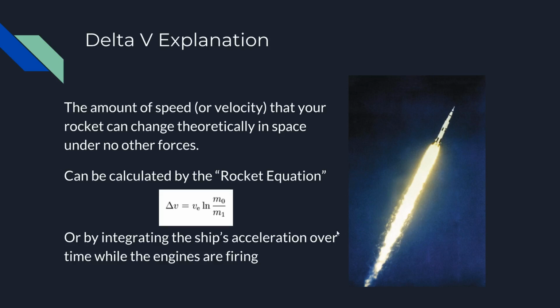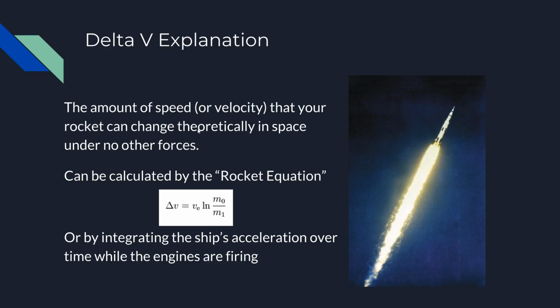To give you a brief explanation of what exactly it is in science terms, it's the amount of speed or velocity that your rocket can change theoretically in space under no other forces. Suppose this is in the middle of the galaxy, there's nothing else around it, no atmosphere or anything, and it just fires its rockets.